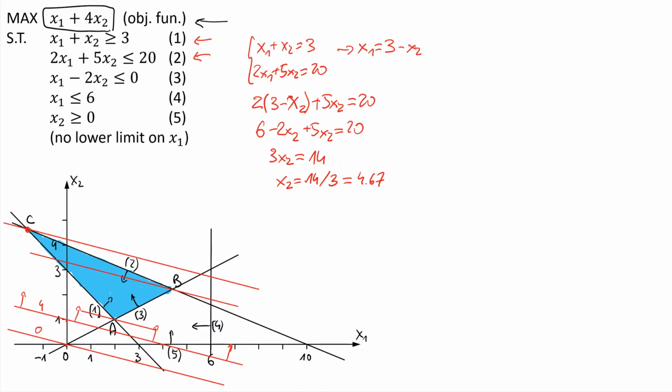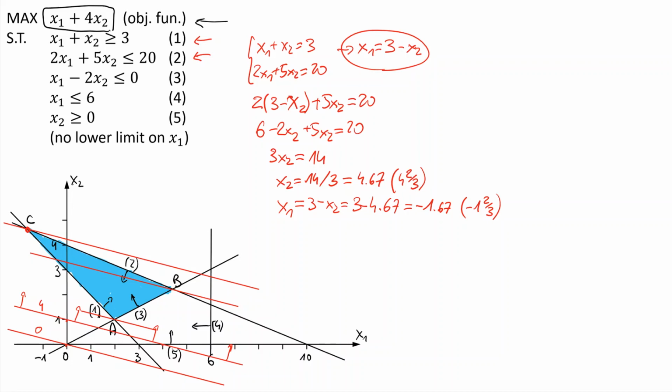It is actually more accurately 4 2/3. And then x1 will be from this: x1 is 3 minus x2, which is 3 minus 4.67, which ends up being minus 1.67. It's actually minus 1 2/3 if you want absolute accuracy.